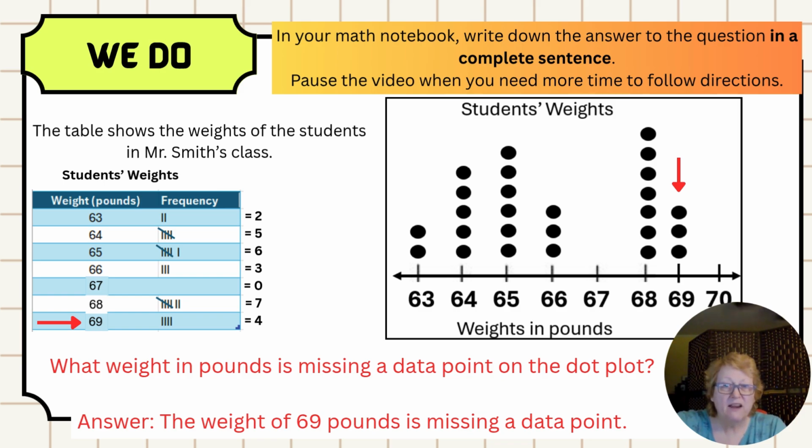67 pounds, there are 0 students. There are no dots there to represent that 0. That matches. What about 68 pounds? According to the frequency chart, there are 7 students. Are there 7 dots for 68? Yes, there are. So that matches. So we're down to our last data point.